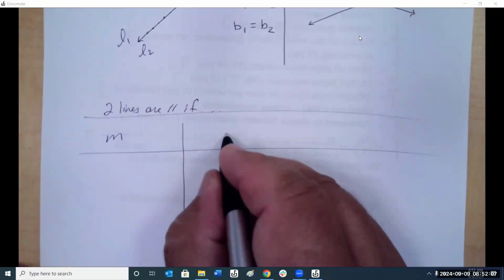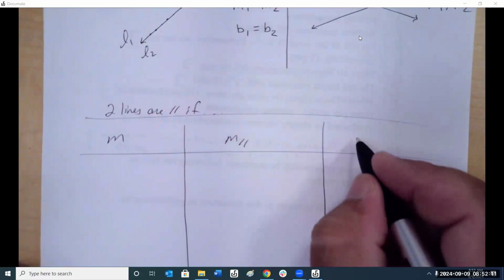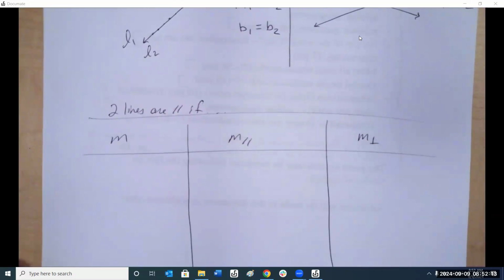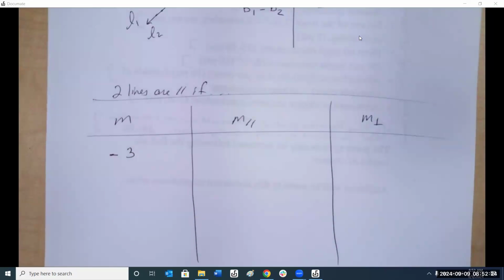Here's some examples. I'm going to give you a slope. You're going to give me the slope parallel and the slope perpendicular. Here's the first one.